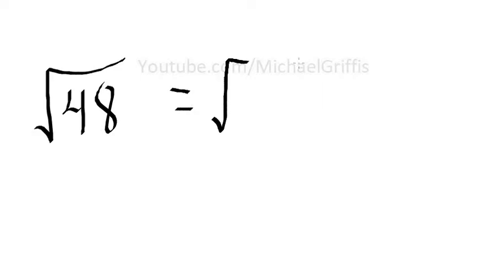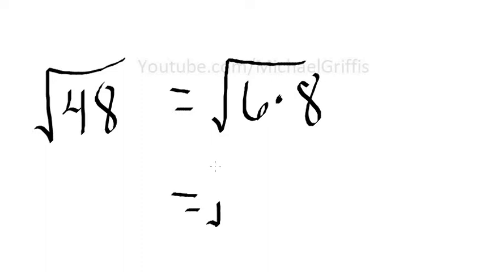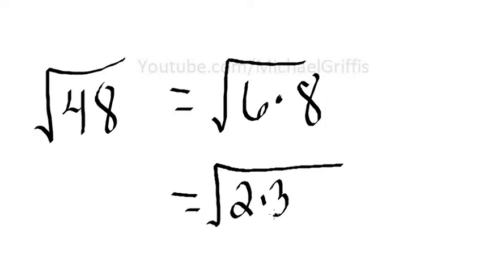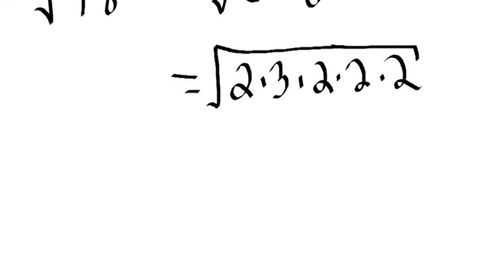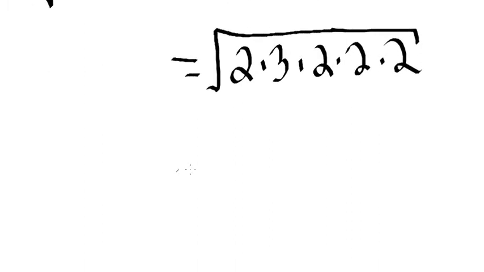Now things are going to start getting a little bit hairier. We know that 6 times 8 is 48, but what we're going to want to do now is just really factor this thing into a product of primes. So we have 2 times 3, which is 6. Then 8 can be written as 2 times 2 times 2. All right. Where are we going with all this?